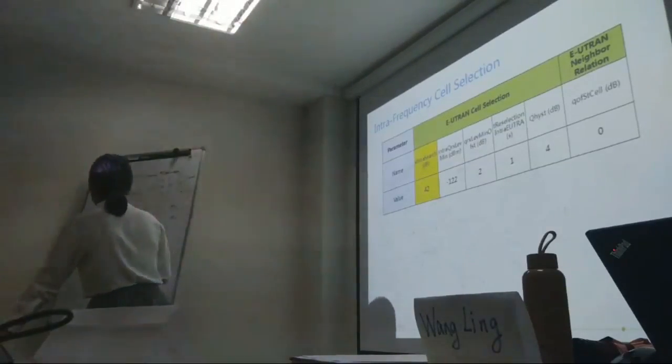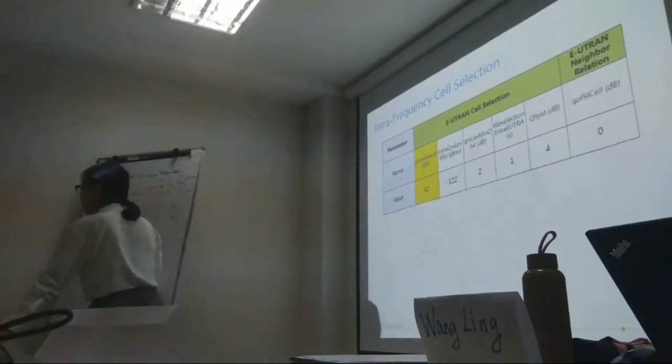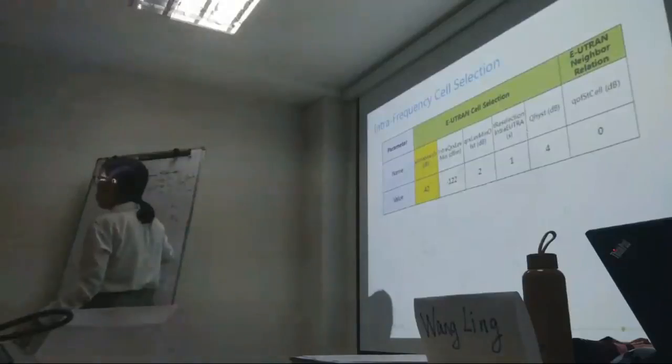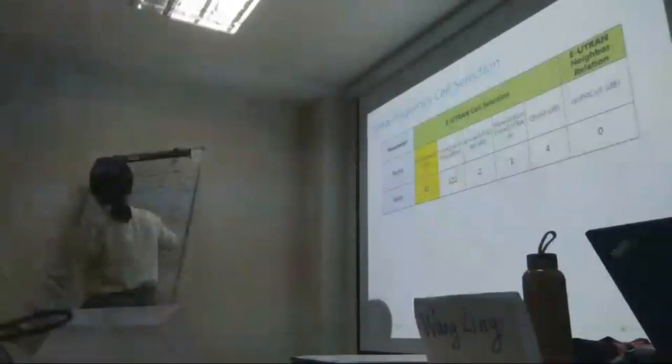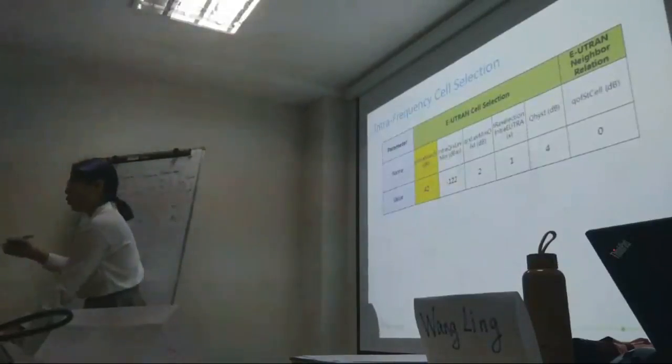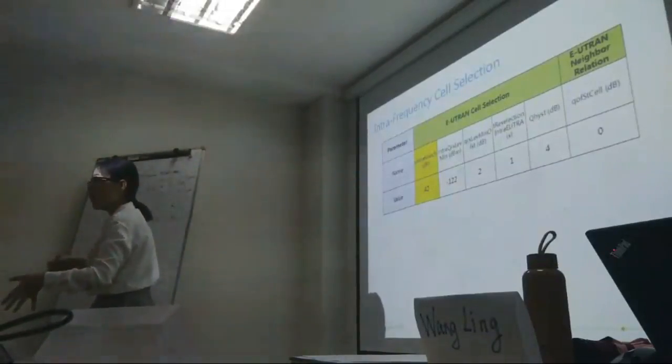The strategy is similar: I want to give the neighbor cell a minus value to slow the reselection speed.